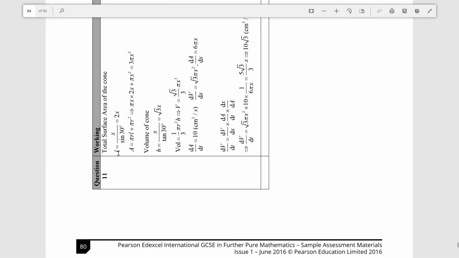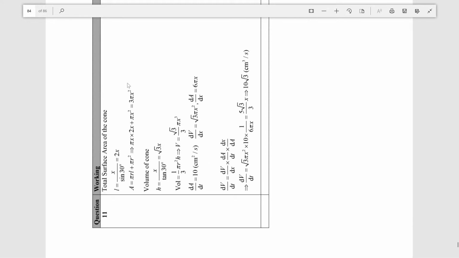So, yep, we determined that L is x over sine 30, which would make it 2x. A is pi RL plus pi r squared, so it's pi x times 2x plus pi x squared, which is 3 pi x squared. Yep, so we figured that out, and we got the volume of cone. h is x over tan 30, which is root 3 times x. Yep.